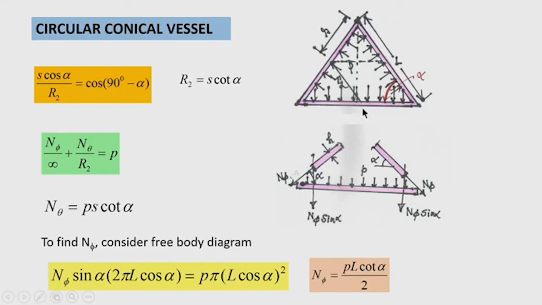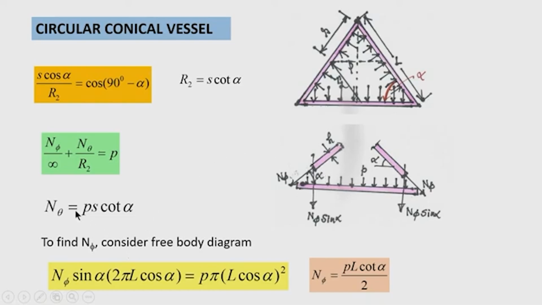This total load has to be balanced by the total vertical component of n phi at this level. If I see the n phi, which is acting along the inclined side, that is along the meridian, the vertical component of n phi here is n phi sin alpha, and the circumference is the circumference of this end plate.